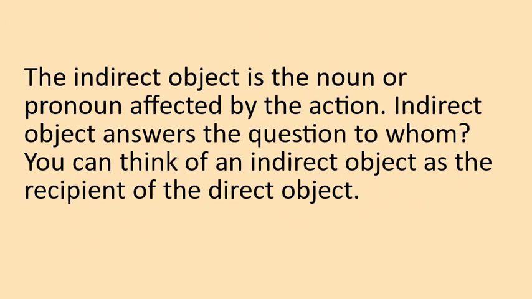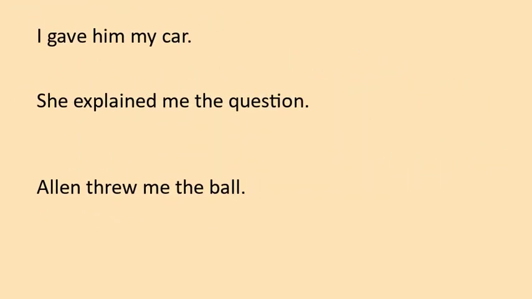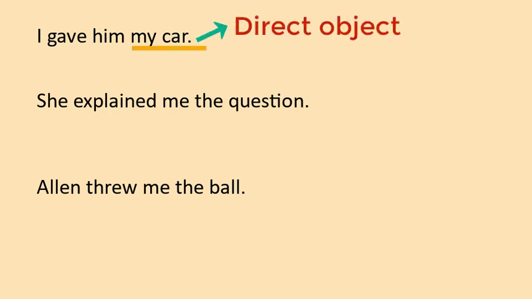The indirect object is the noun or pronoun affected by the action. Indirect object answers the question to whom. You can think of an indirect object as the recipient of the direct object. Examples: I gave him my car. Here, my car is my direct object.